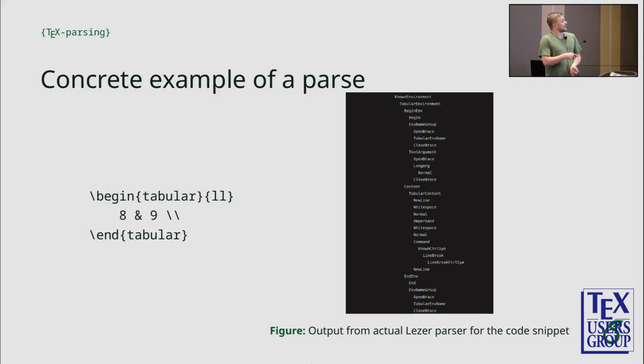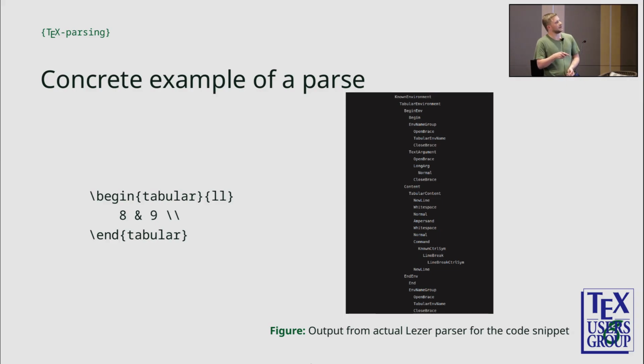This is the output of the real parser running on Overleaf. So if we have a begin tabular with some column specification and some content, at least some of what will be generated is this content here. And we can see the same things from the previous outputs represented in the actual parser here.